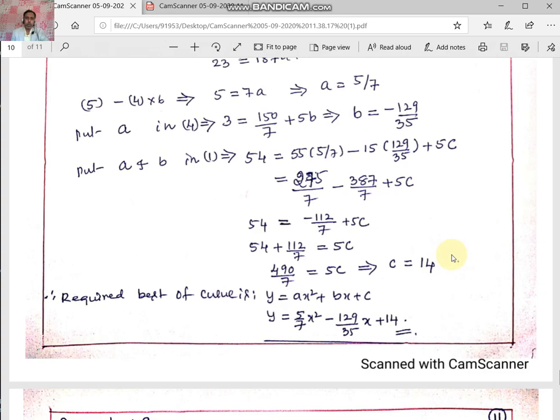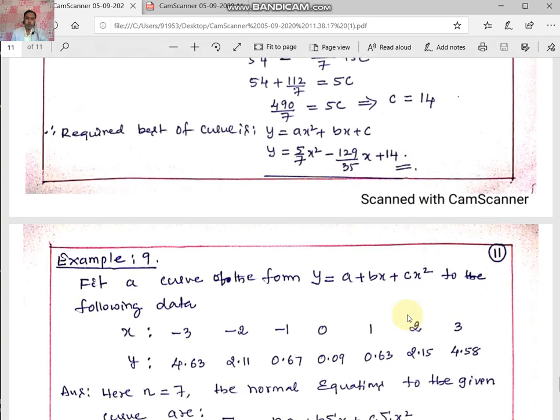Then these constant values will be substituted in the second degree equation y is equal to ax square plus bx plus c. So therefore y is equal to 5 by 7 x square minus 129 by 35x plus 14. So this becomes the best approximation to the given curve in the form of a second degree curve.